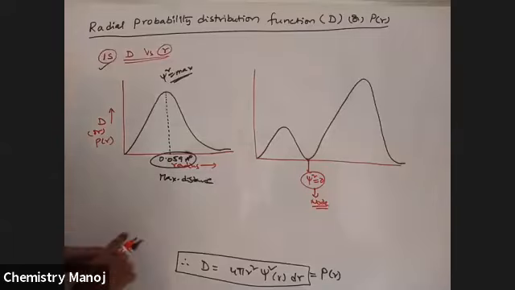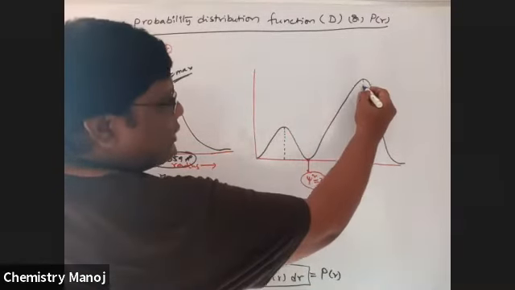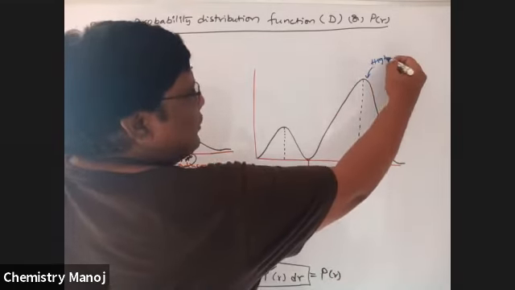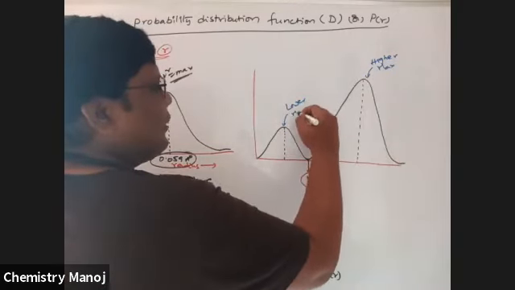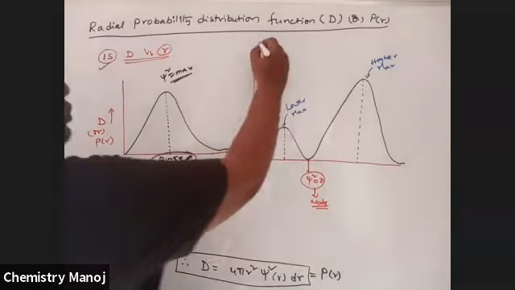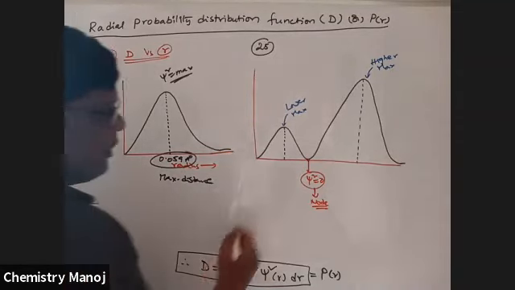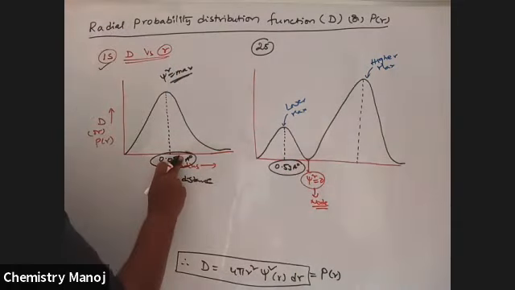Here we observe two maxima: a lower maximum and a higher maximum. For the 2s orbital, the lower maximum is at 0.53 angstroms, and here also 0.53.